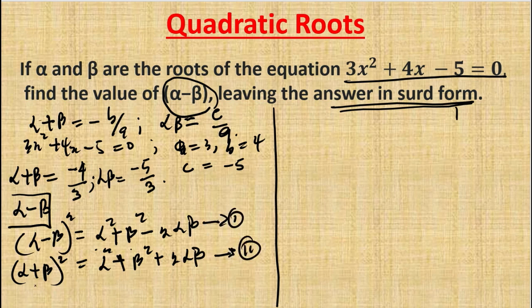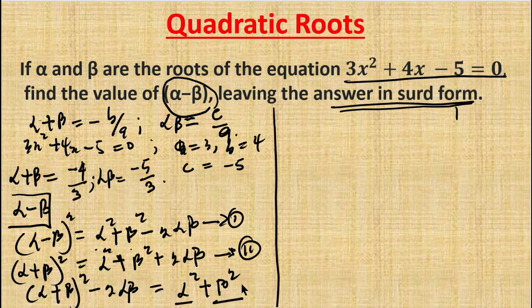So that from equation 2, I can conclude that alpha plus beta all squared minus 2 alpha beta will be the same thing as alpha squared plus beta squared. Now, having gotten a relationship for alpha squared plus beta squared, I can substitute this in here.